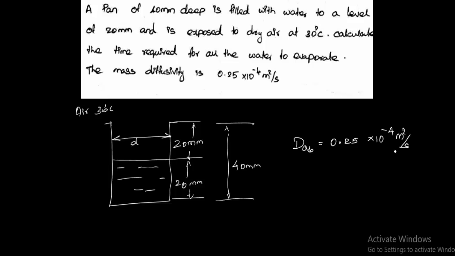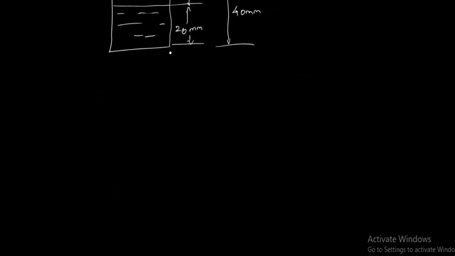If it is given in terms of meter square per second, then that will be the value of DAB, right? And here, calculate the time required for all the water to evaporate. The total amount of water has to be evaporated. You have to find the time required to evaporate the complete water.